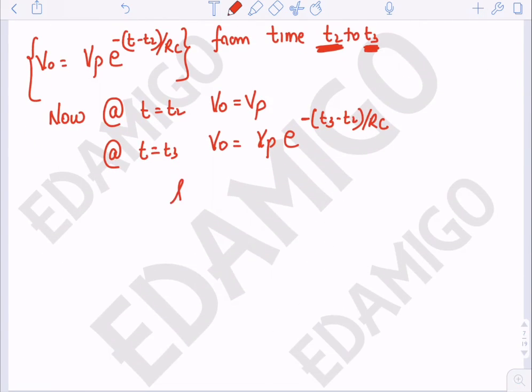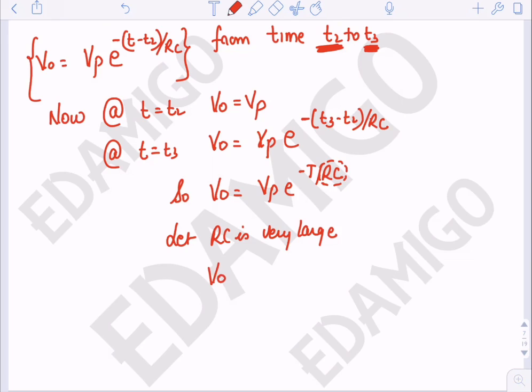So VO will be written as Vp e to power minus T divided by RC. Now assuming that RC is very large, this exponential will be approximated as 1 minus T by RC.